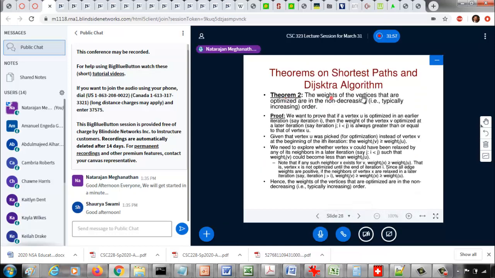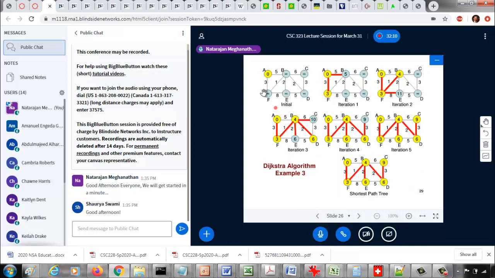The weights of the vertices that are optimized are in non-decreasing order, that is typically increasing order. Why it's more general to say non-decreasing rather than increasing is, even in this example, the sequence is 0, 3, 4, 6 followed by another 6. If you say increasing, no two values should be the same. So a better way of referring to a sequence where some values could be repeated is non-decreasing.